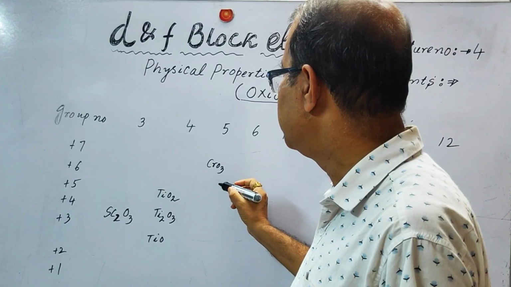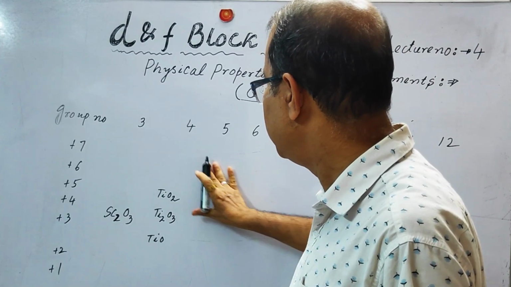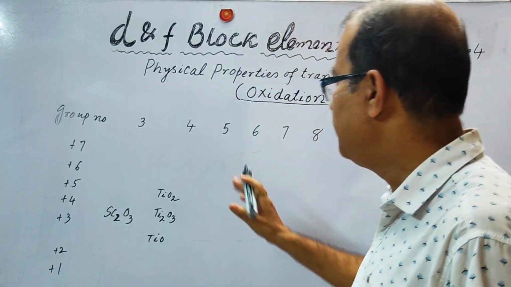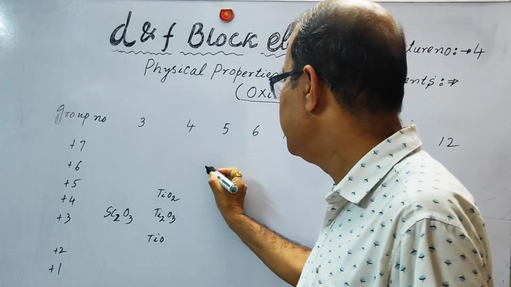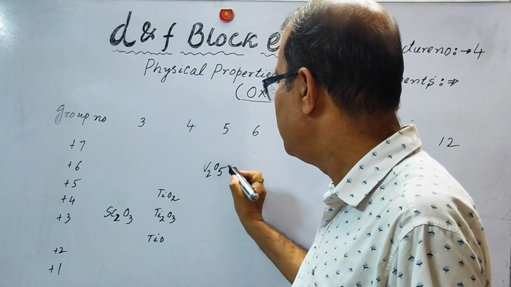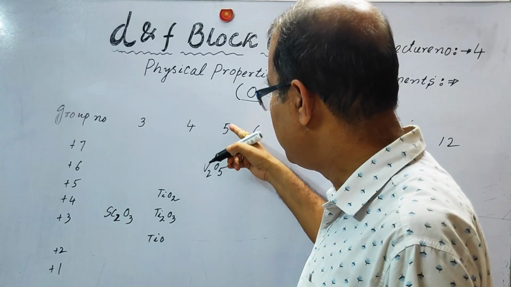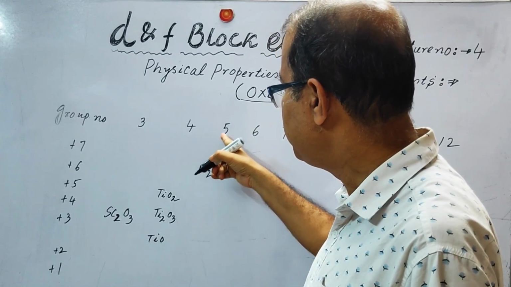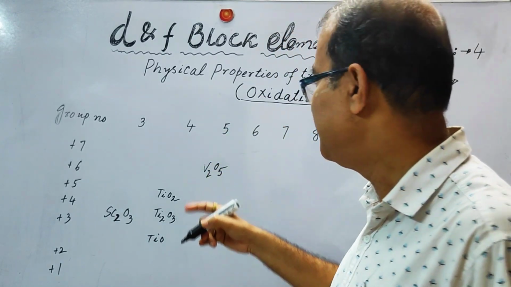Sorry, first we have to do vanadium. The first one is vanadium V2O5, where the maximum oxidation state is +5 and its group number is 5.